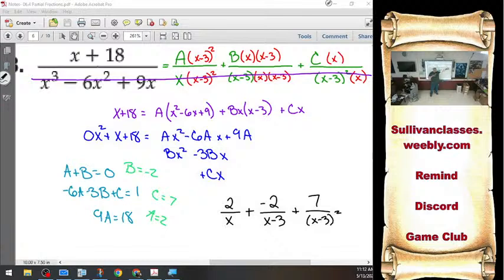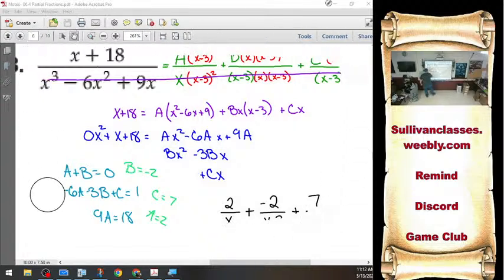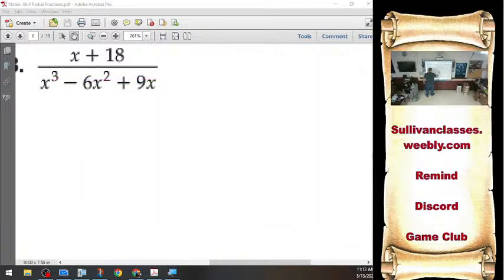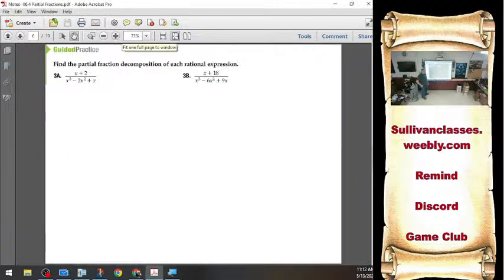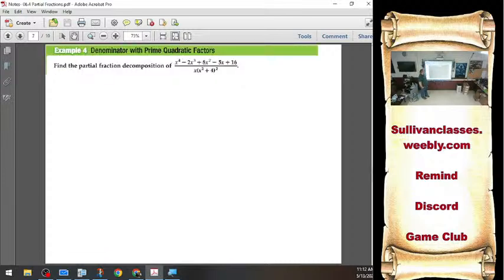It was always a linear factor, so there was a constant above it. We spent so much time in polynomials because all polynomials can be broken down into linear and irreducible quadratic factors. Irreducible quadratic factors are when I can't factor it without using i.